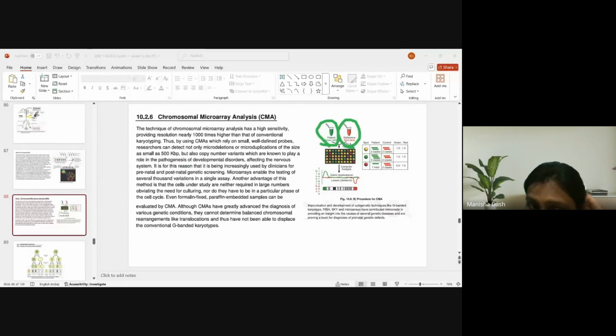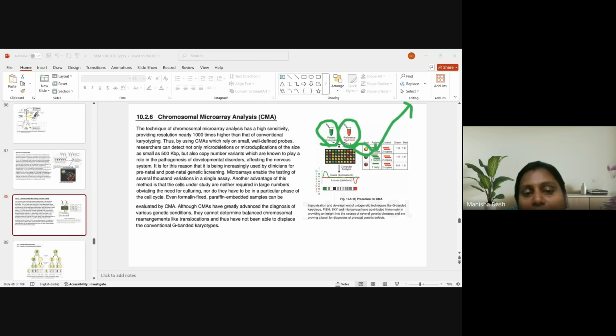Depending upon the emission you get after hybridization, you can predict the possible abnormality within the chromosomes. If the color appears yellow, that means the patient is having normal chromosomes, there is no problem.